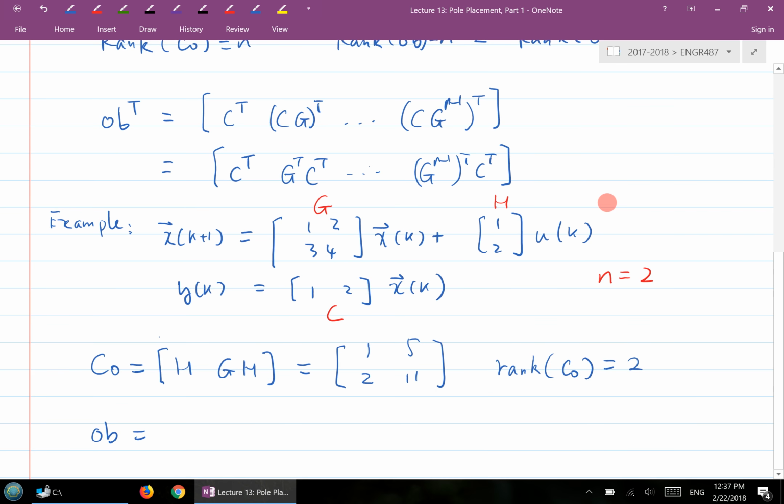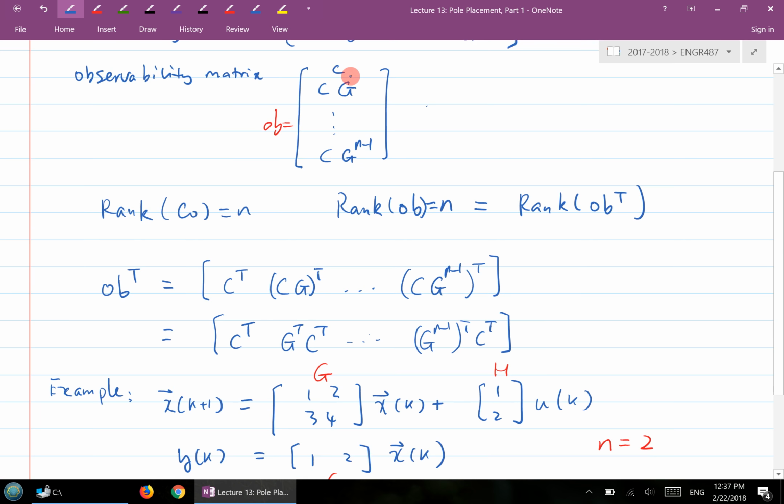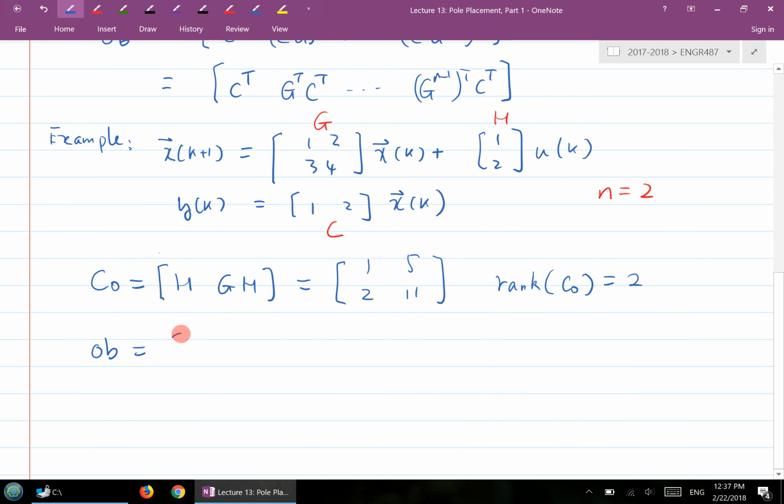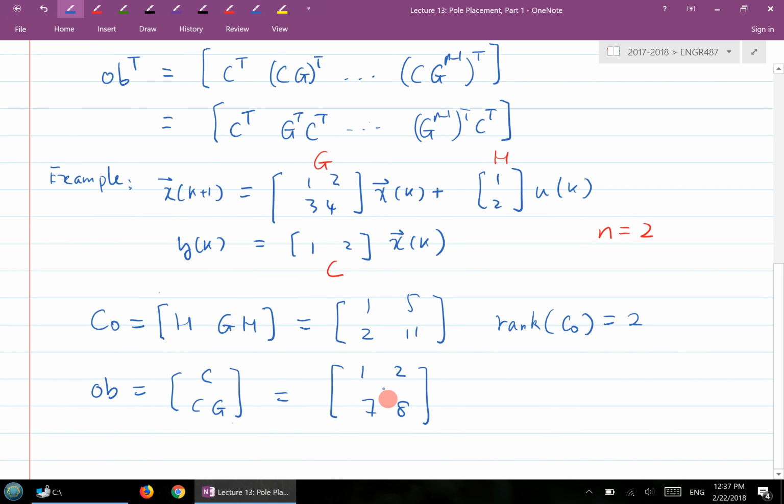You can try either way here. If we try the first one, this is CG. C is 1, 2. C times G is 1, 2 times this one here, which will give us 7, 8. So that's your OB matrix. If you use the OB transpose matrix, of course, it's going to be the transpose of this matrix.